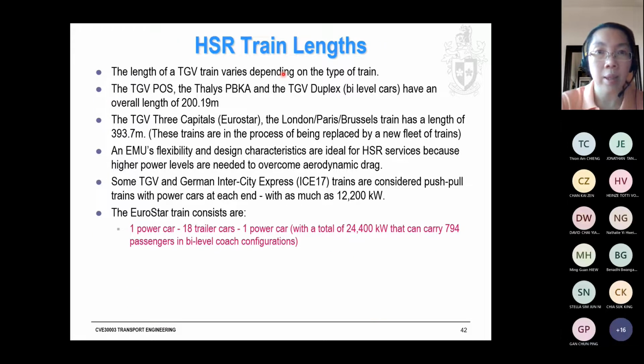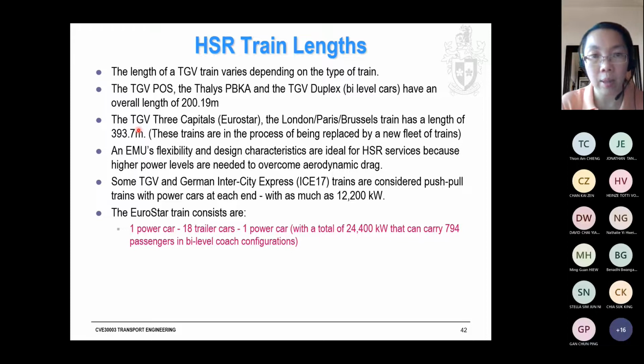Okay, and for HSR train length, these are really long, but not as long as the ones that we are going to see after this. Okay, yeah, so the London, Paris, Brussels train has a length of 393, about 400 meter in length. And imagine having this about 400 meter every 5 minutes.